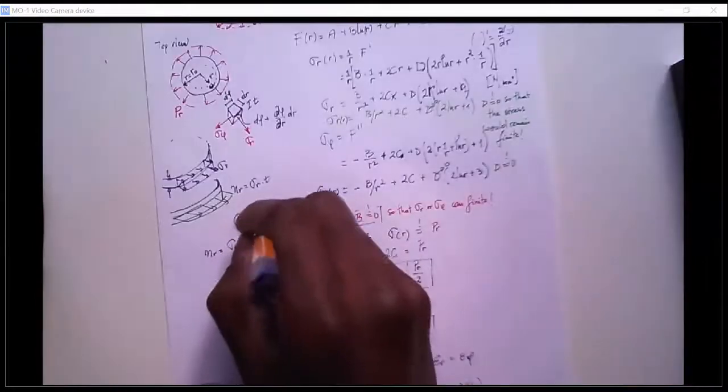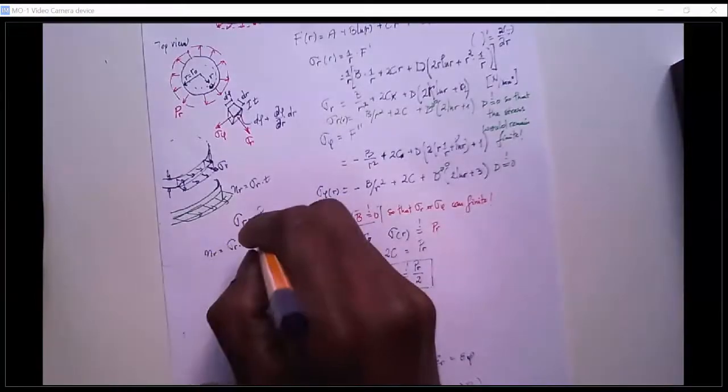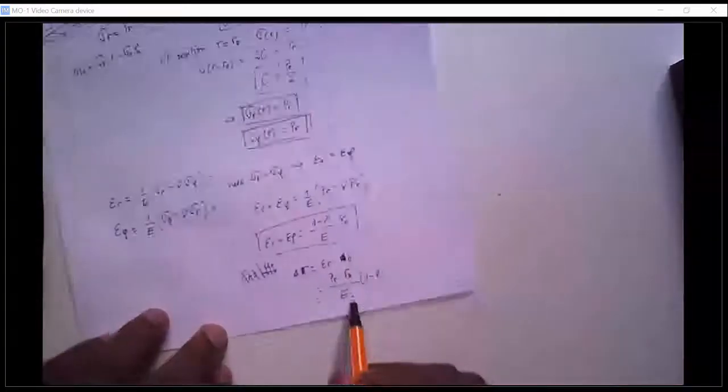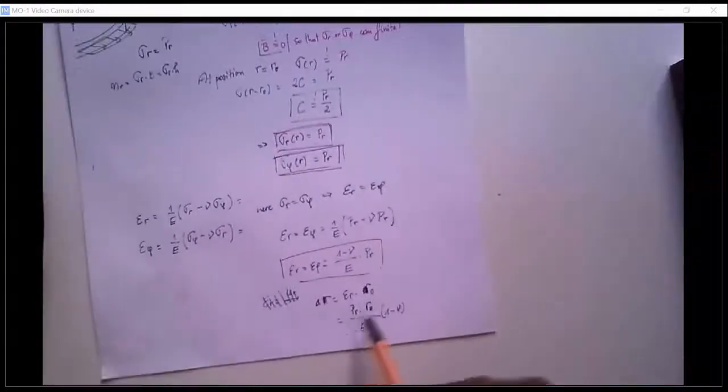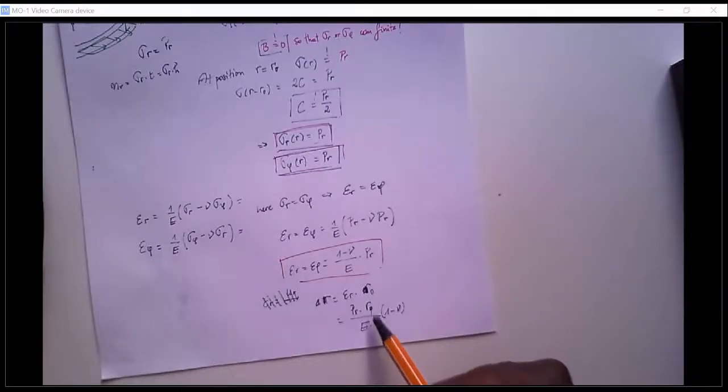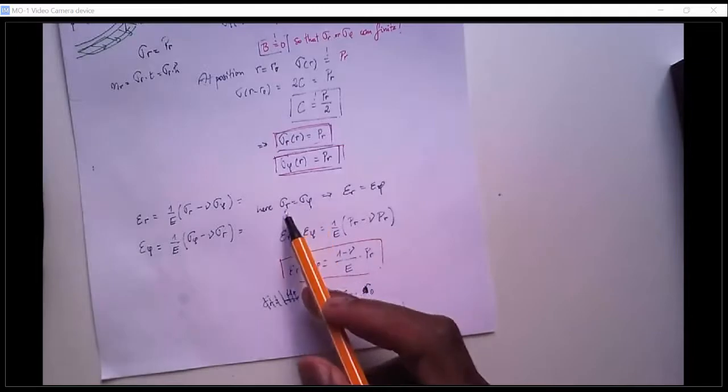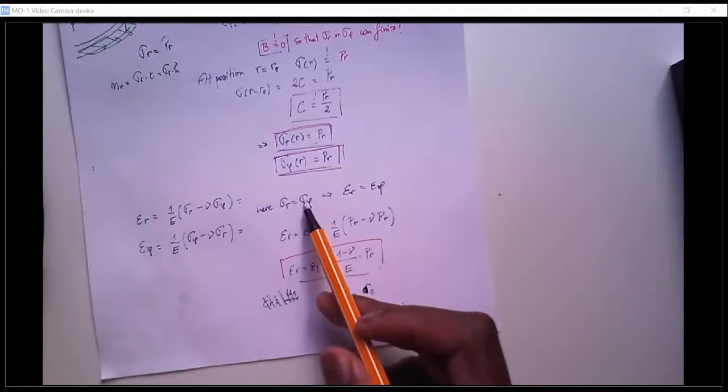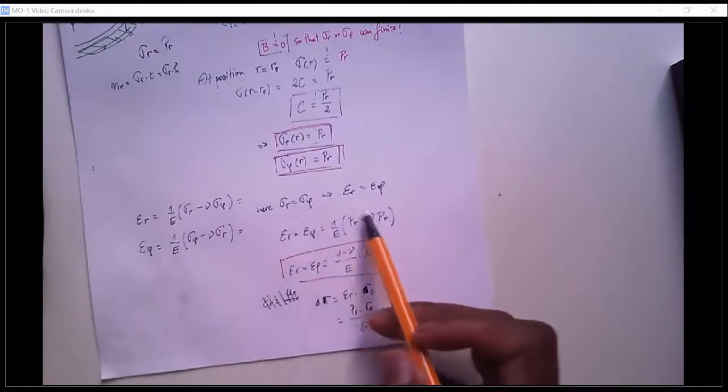I call the thickness T here, small t, but they call the thickness H. So they're basically saying that NR is sigma R times H. And now in our formula here, we've used sigma already. We were using sigma over here.